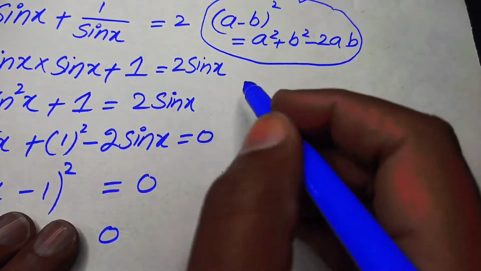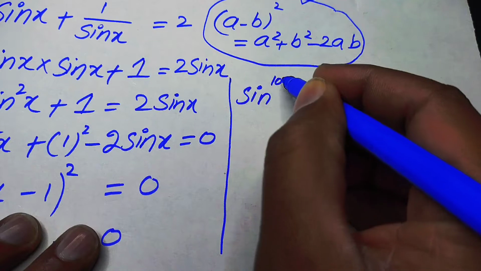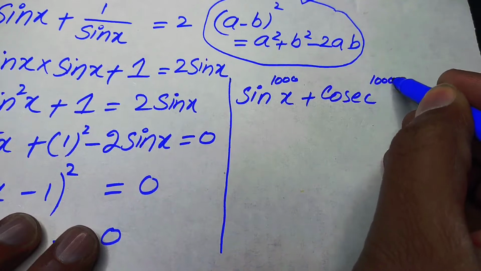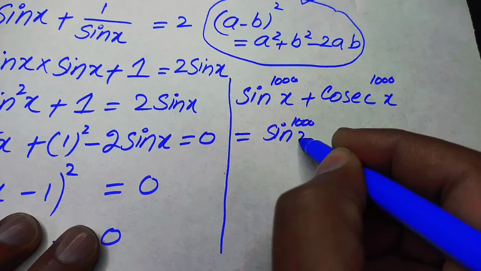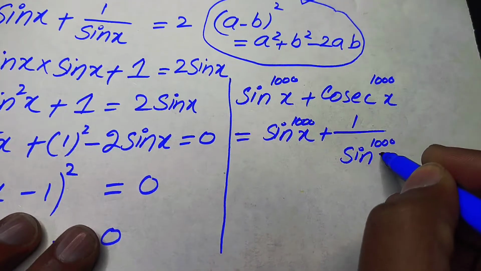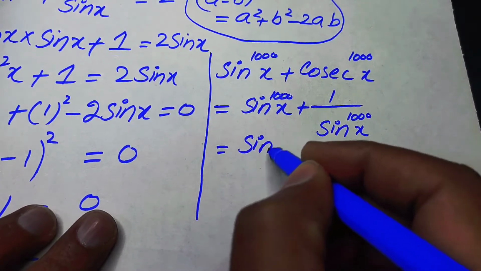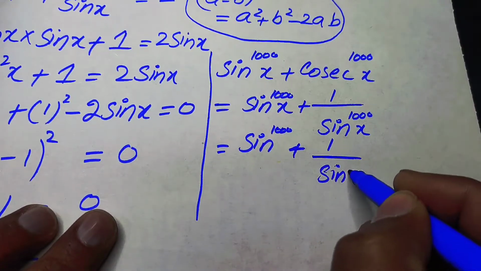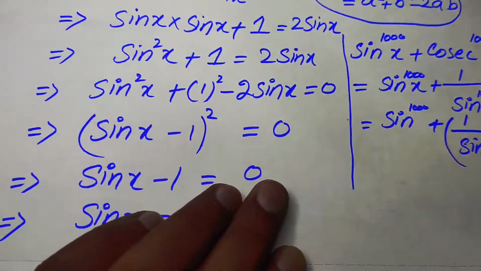Now we can write this expression as sine to the power of 1000 x plus cosecant to the power of 1000 x, and here we will write cosecant as 1 over sine to the power of 1000 of x, and here we will write 1 over sine 1000 of x as 1 over sine x whole to the power of 1000.